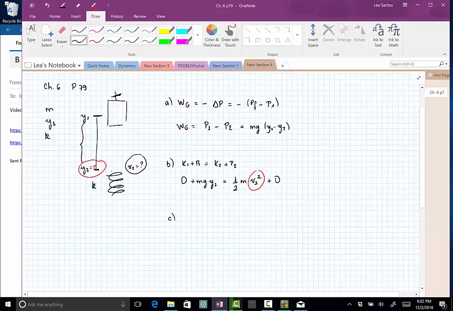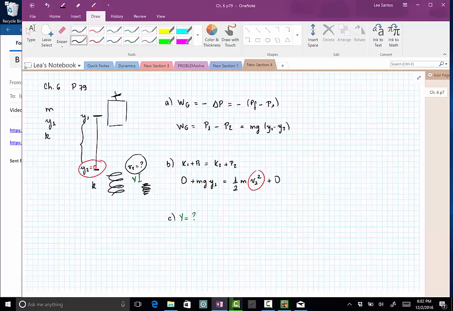After this elevator hits the spring, what will happen is the spring will compress by this amount here, which I'm going to call big Y. And the question of the problem now is by how much this spring gets compressed. Again, what we're going to do is conservation of mechanical energy.